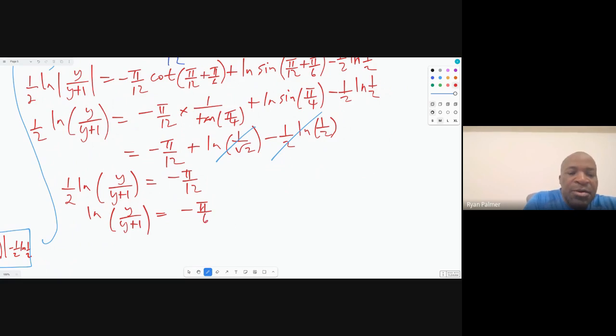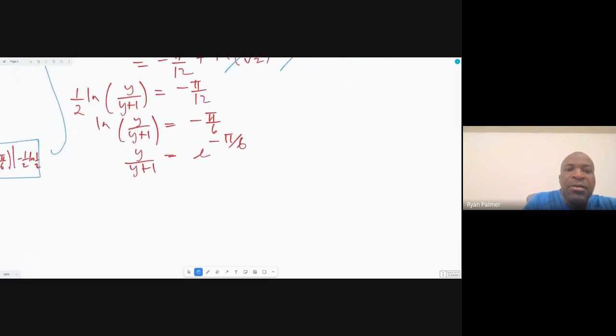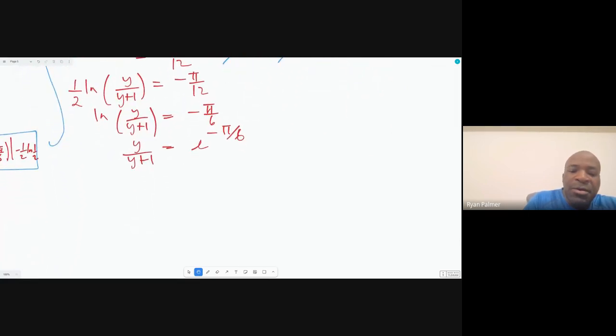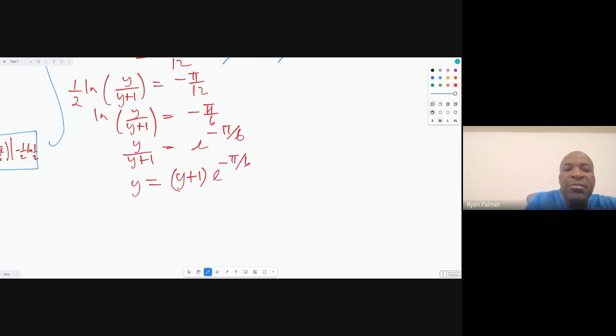So y over y plus 1 is equal to e to the minus pi by 6. If we now rearrange that, we have y is equal to (y plus 1) e to the minus pi by 6, and then y is equal to y e to the minus pi by 6 plus e to the minus pi by 6.